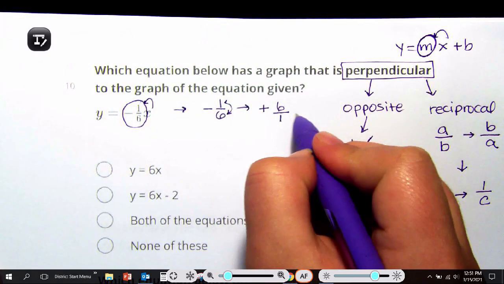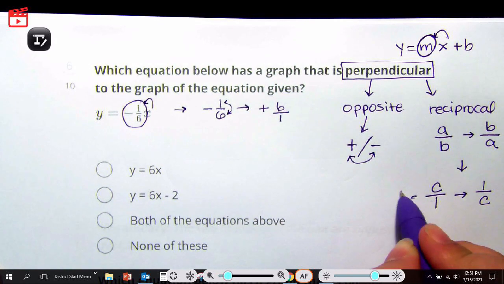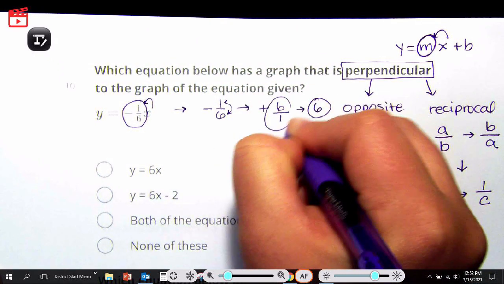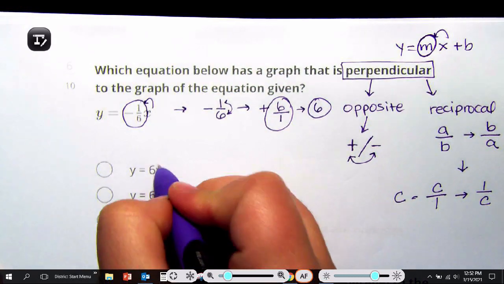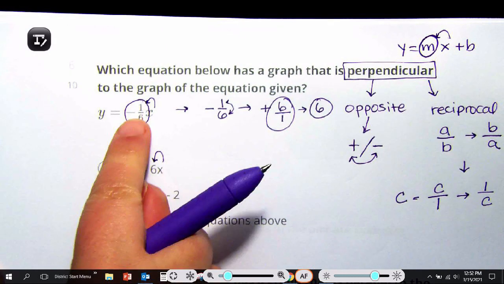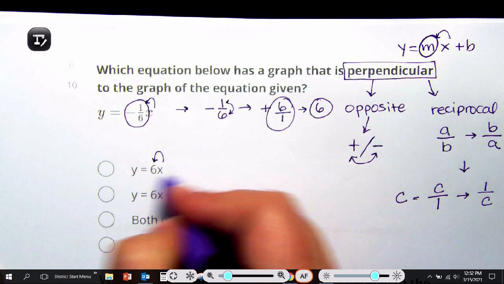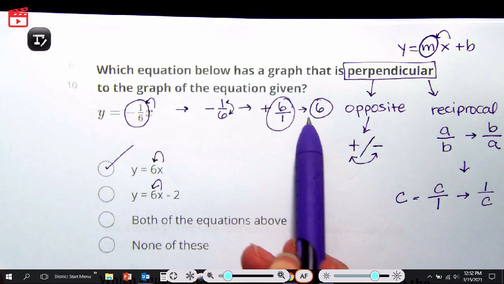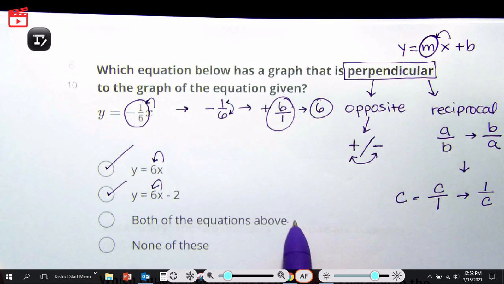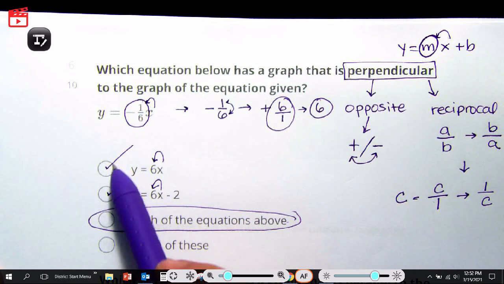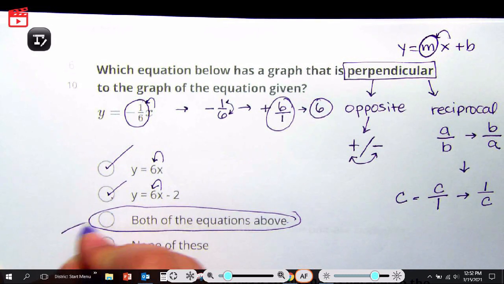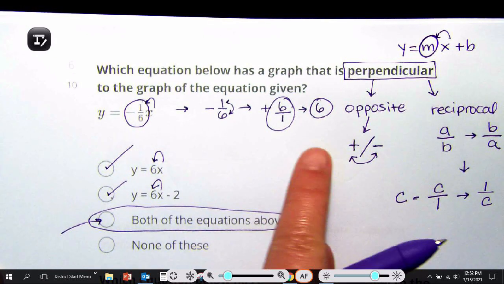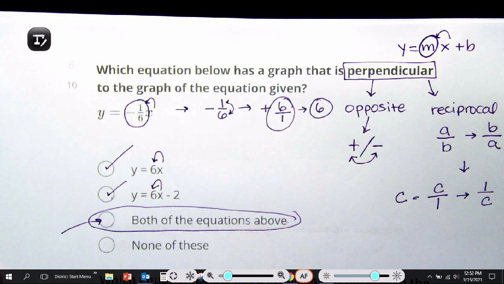Now, if you have a 1 on the bottom, it's the same thing as saying just a number on top. So in this case, just 6. Sometimes they'll do 6 over 1, sometimes they'll just write 6. So is this number opposite reciprocal of the one that's given to us? Yes. Is this number opposite reciprocal? So is this number 6? Yes. Both of these equations above. So in this case, because these two are your answers, this one's actually your real answer because both of the equations are reciprocals and opposite of your original slope, meaning they are perpendicular.